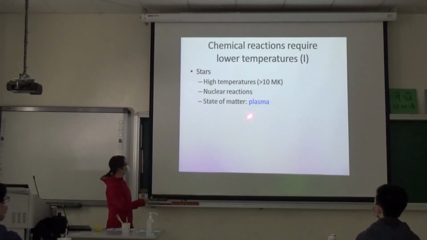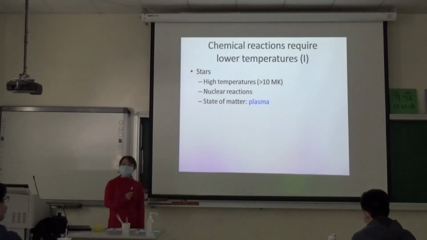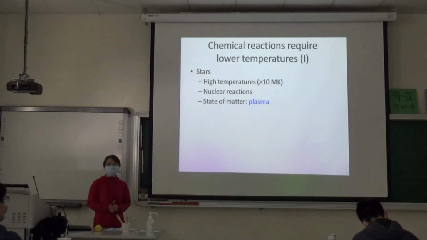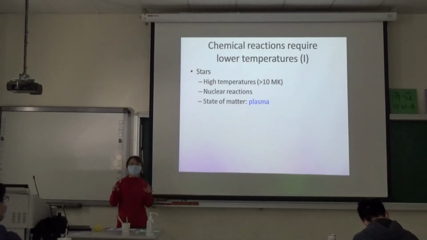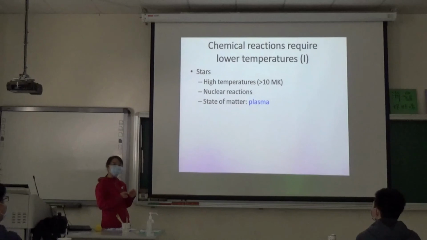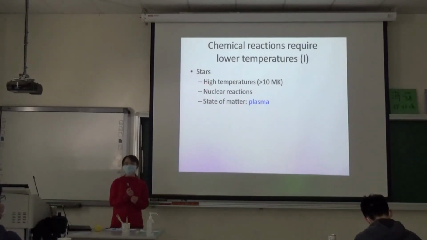In Chinese, we call this 电浆. That's a very weird concept for you because you don't see it often on Earth. But actually, plasma is the most common state of matter, 物质相, in the universe because that's the major state of matter in stars.